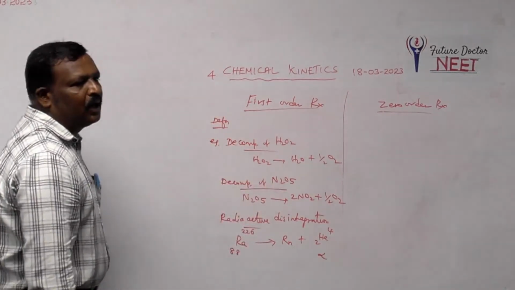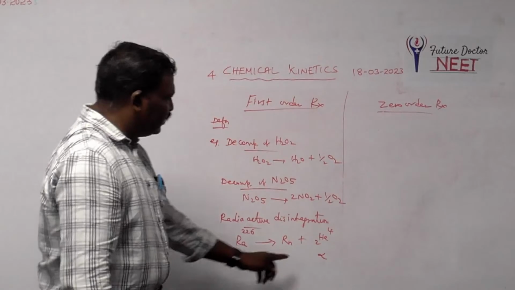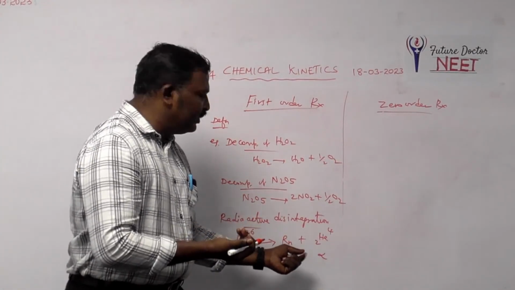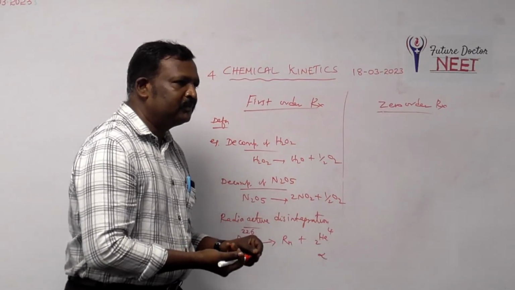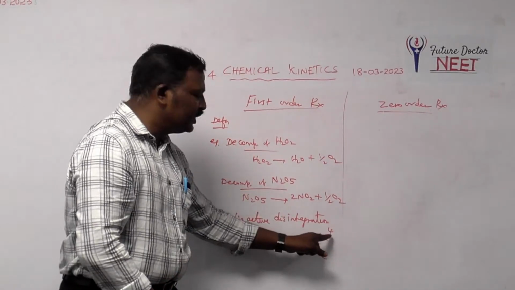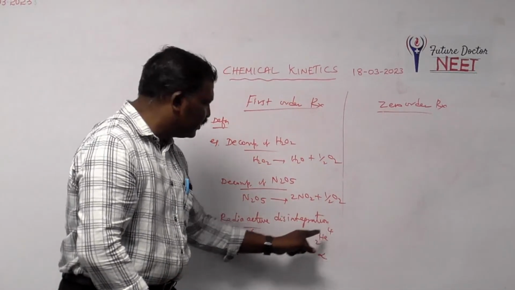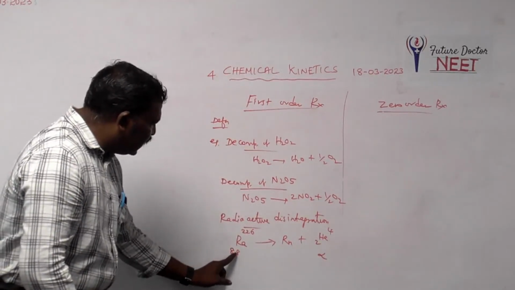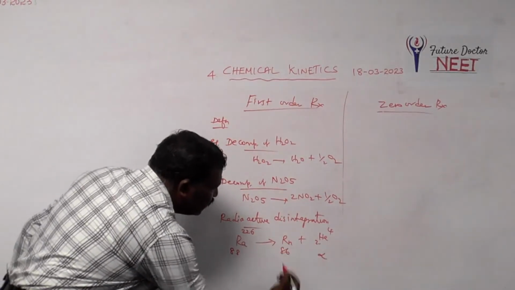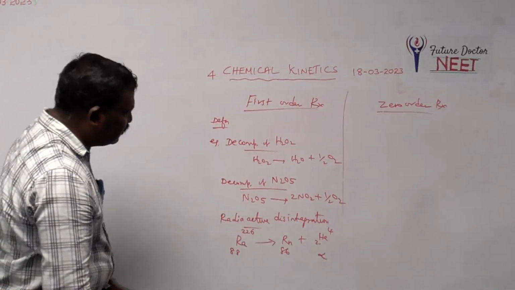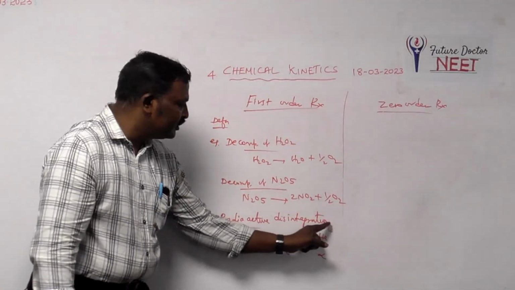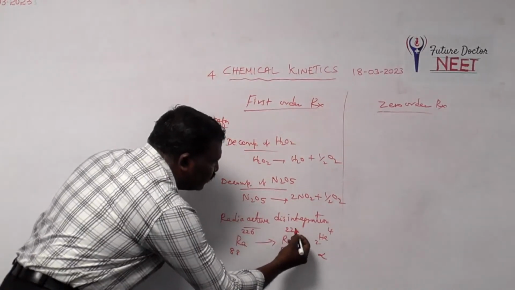Its weight is 4 gram, which element has 4 gram? Helium, so we give the symbol for helium. Here 2 has gone, so 88 becomes 86. The mass number 226, 4 has gone, remaining 222. Are you following?